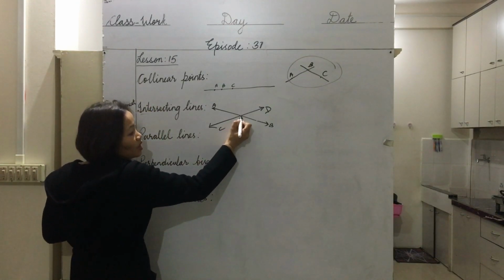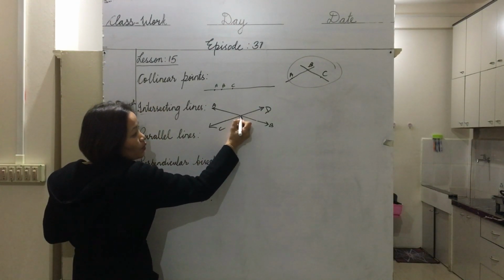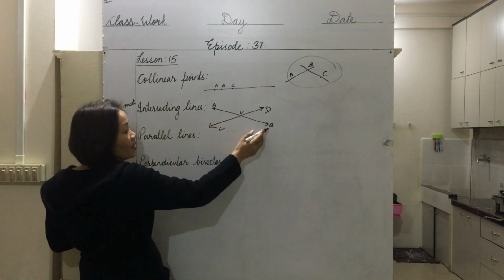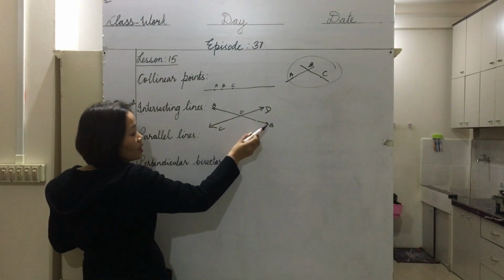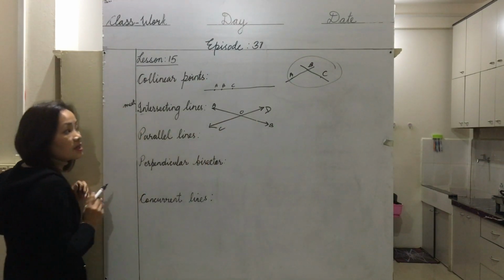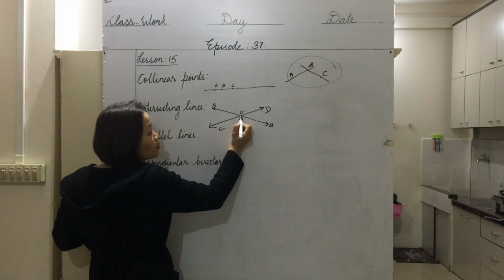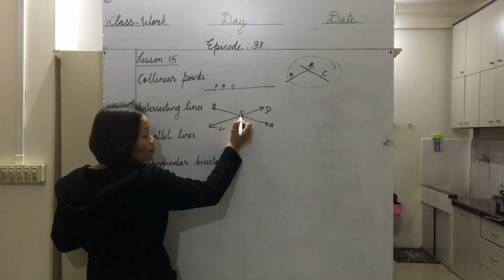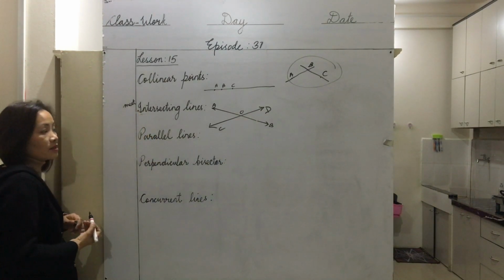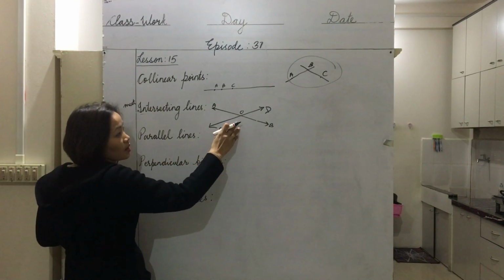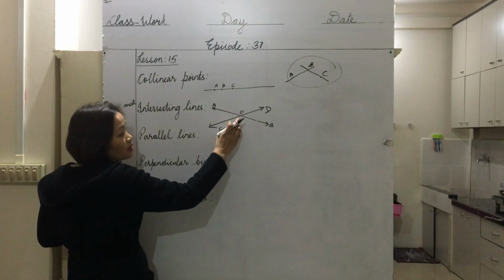Or they meet each other at one point, let's say O. That means these 2 lines, line AB and line CD, are intersecting lines. And the point where the 2 lines meet, in case of this point O, is called the point of intersection.